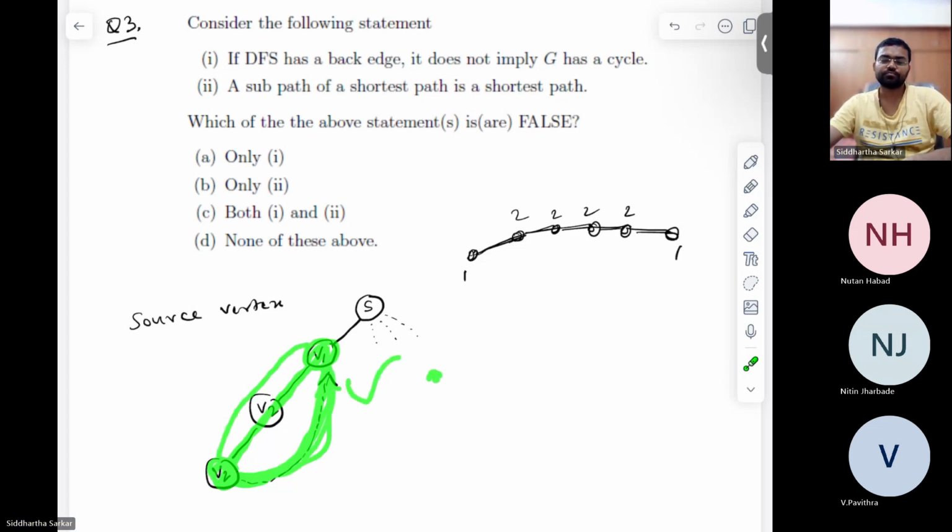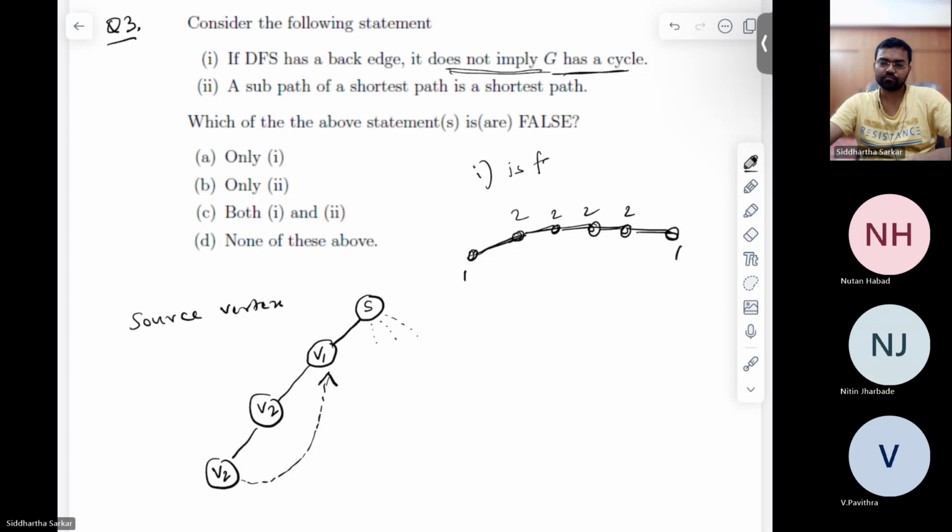The existence of a back edge immediately implies a cycle in the graph. So the statement that it does not imply G has a cycle is false. So one is definitely false. Now we have to check what about two.